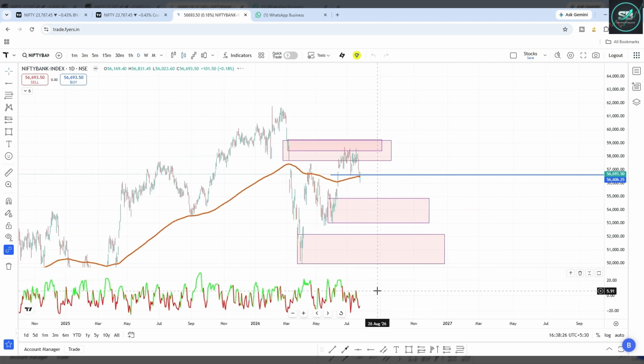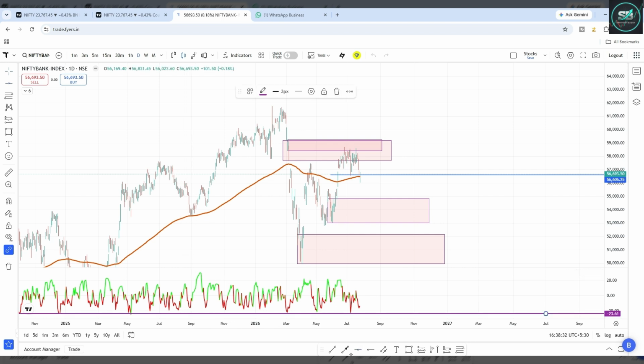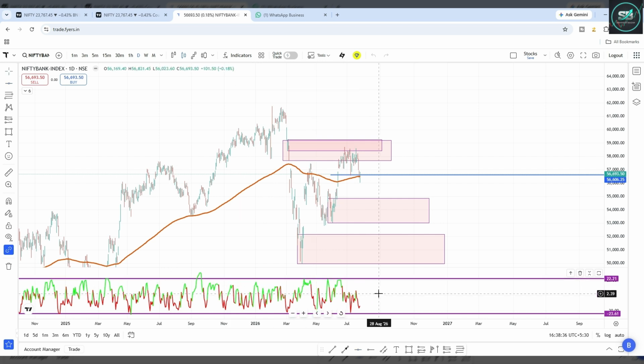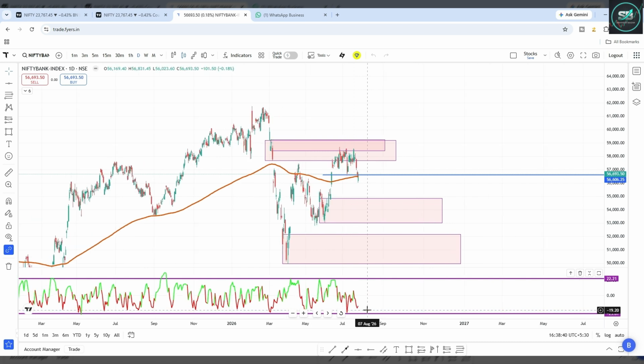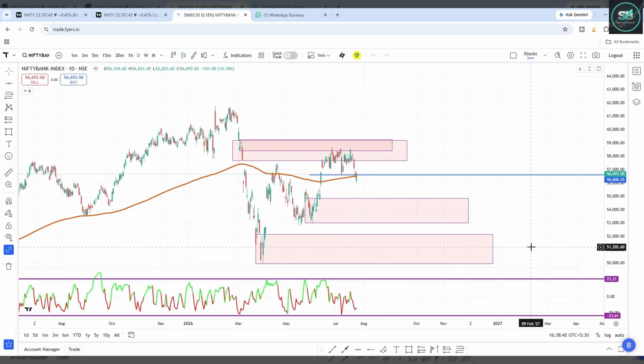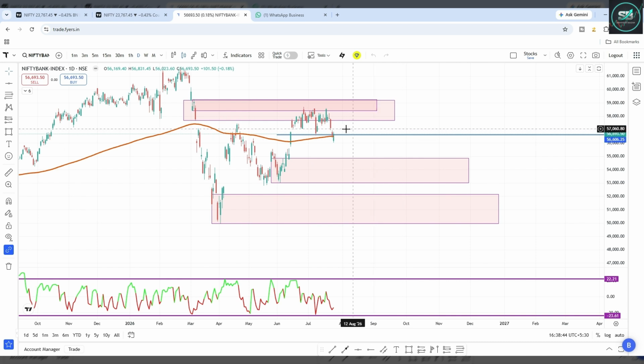RSI also, if you see, the bottom range of this is this and top range is this. Now almost previously only we have tested this bottom range, and here if you see the divergence, when this candle got created, it tested this bottom range.